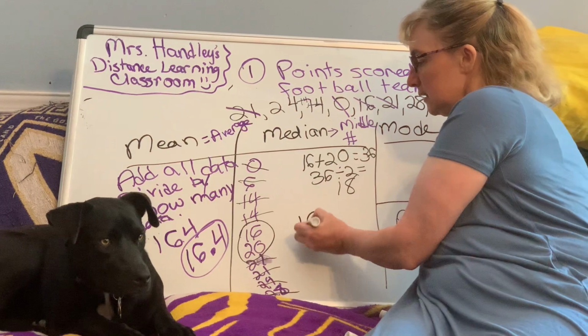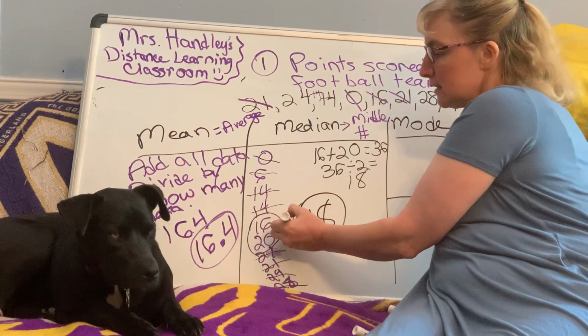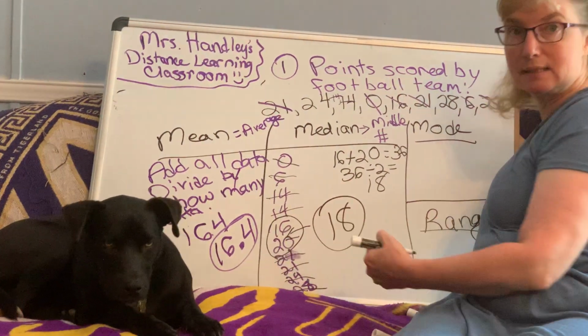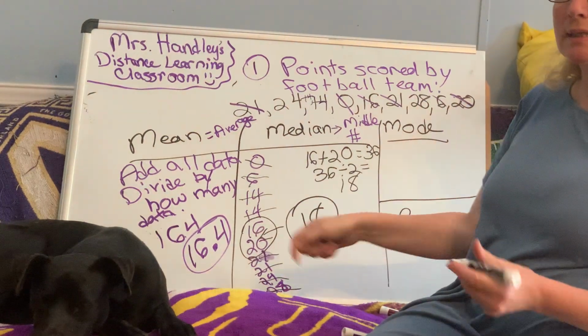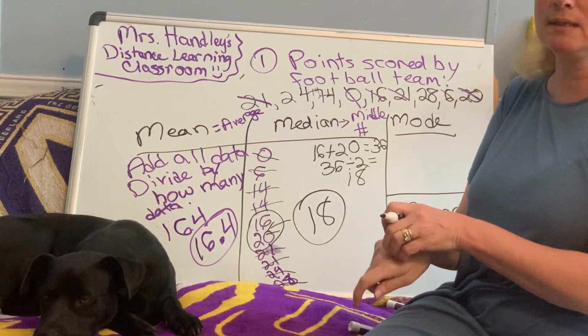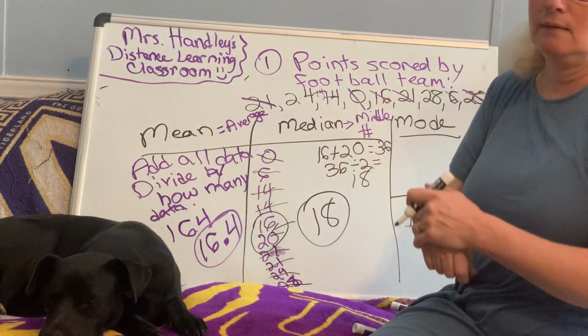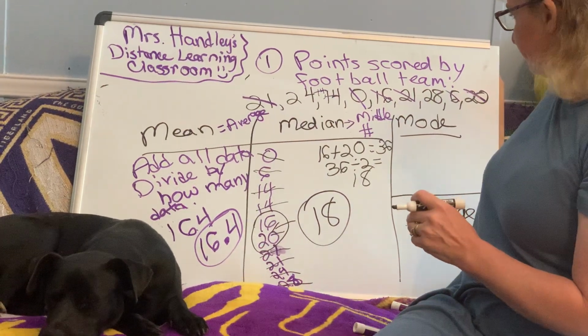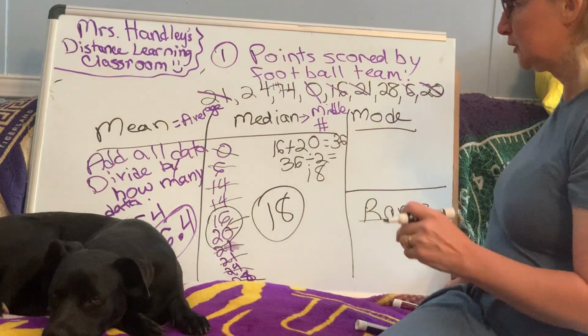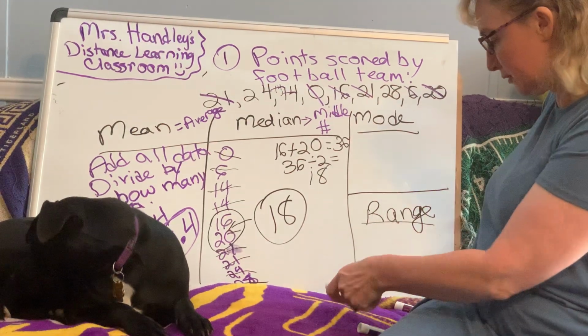So 18 is my median. That is the number that falls between 16 and 20. It's easy to see with 16 and 20, not so easy to see with bigger numbers. Okay? So hopefully this is all reminders and refreshers.